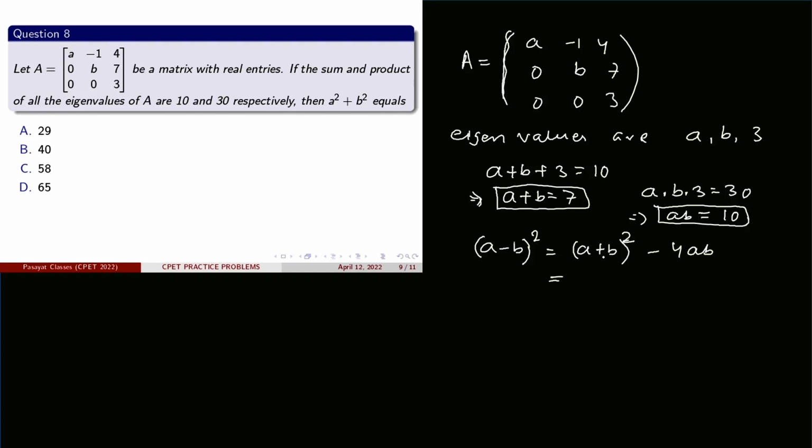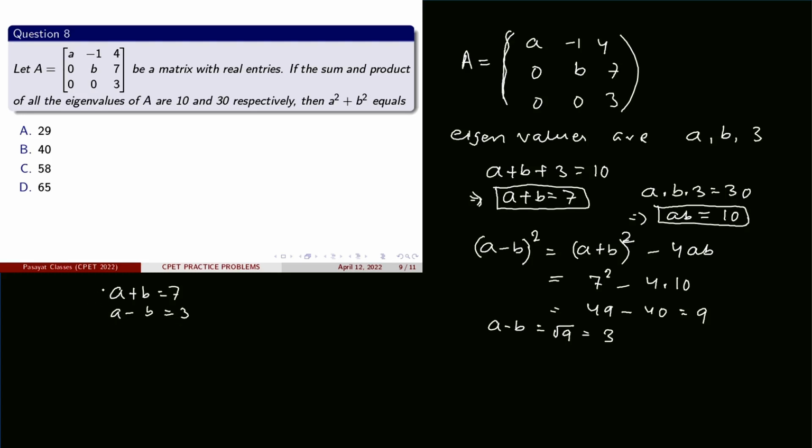So (a plus b) whole square is 7 square minus 4 into 10. That means 49 minus 40, this is equal to 9. From this we can write a minus b is equal to root of 9, which is equal to 3. So here we get two equations: a plus b is equal to 7, and a minus b is equal to 3.